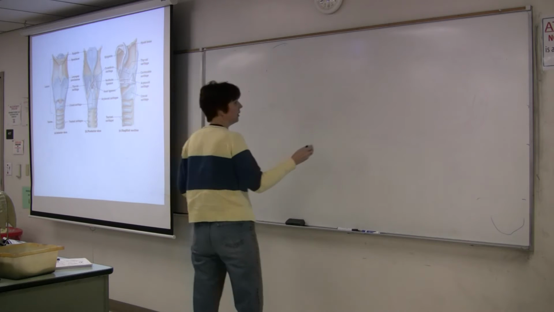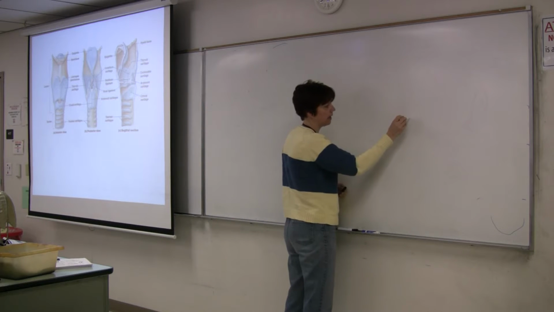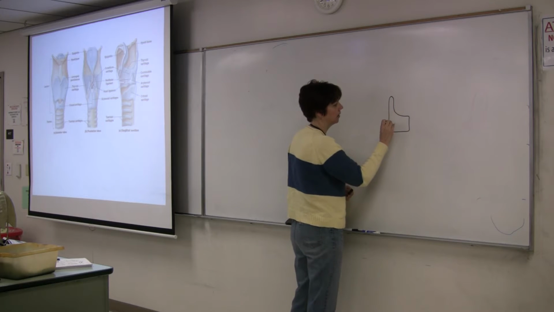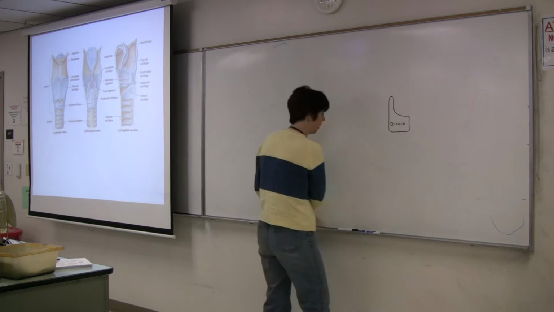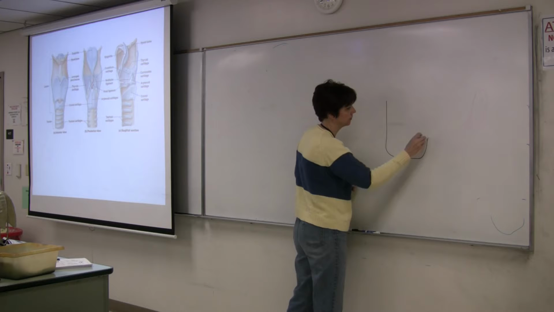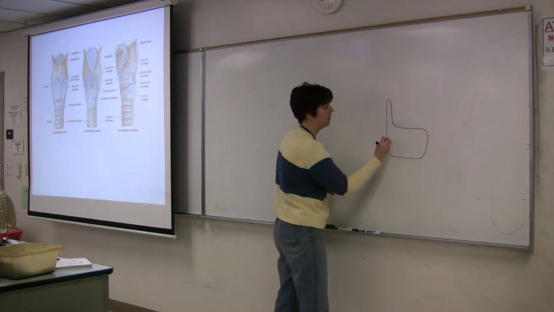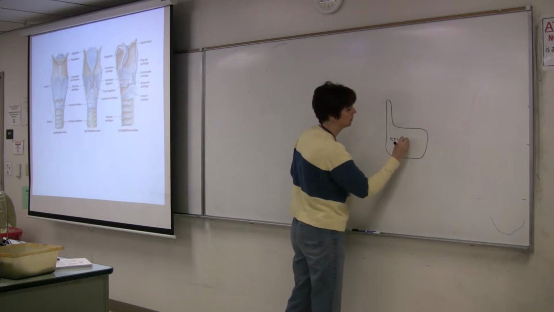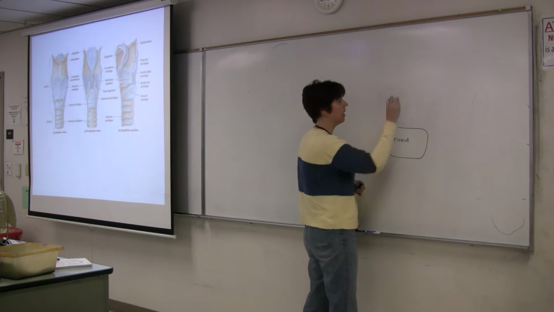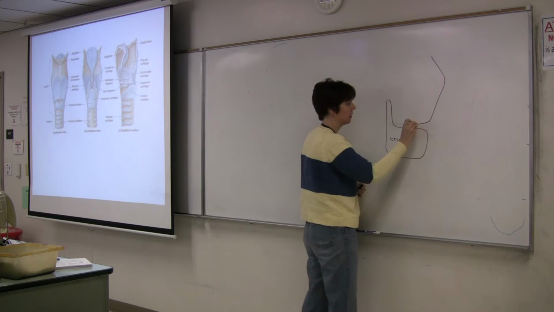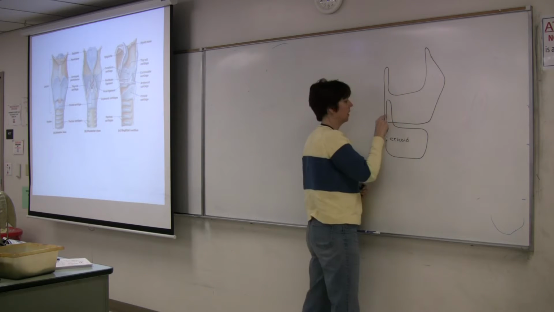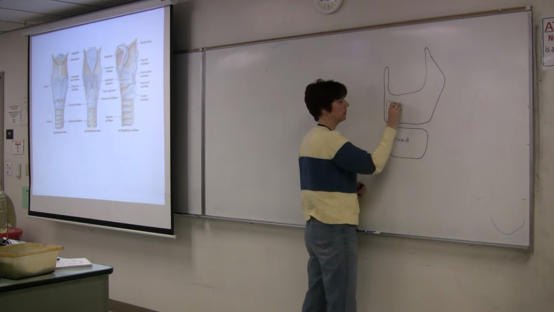Okay? So if we draw the cricoid cartilage here, I'm going to draw this a little larger because I want to add the muscle to it. So that would be cricoid. And then the thyroid is going to be, we'll make this a dotted line since it's in the back.